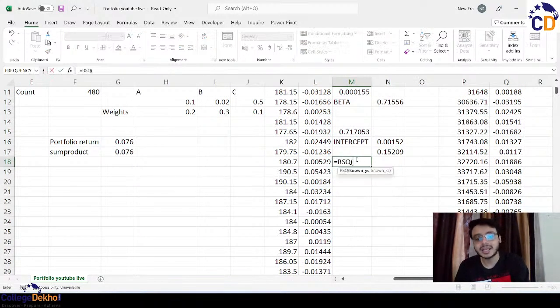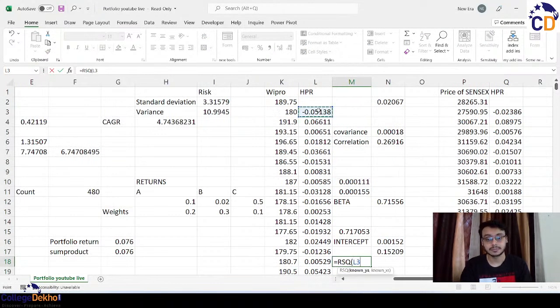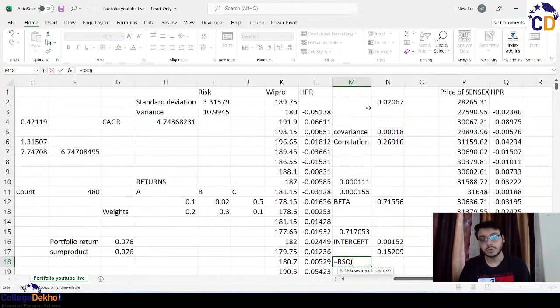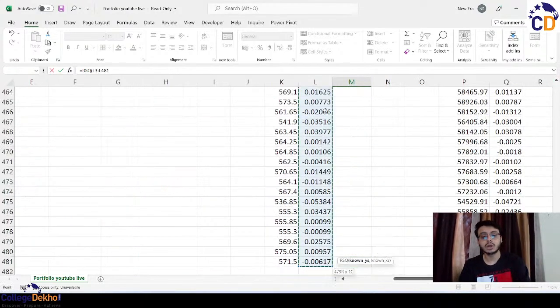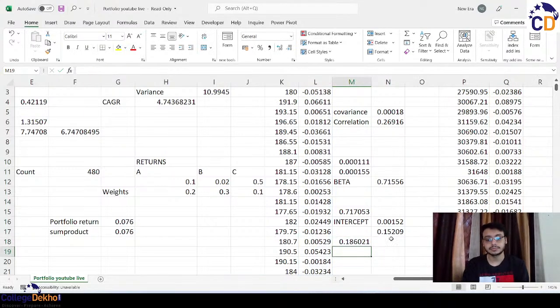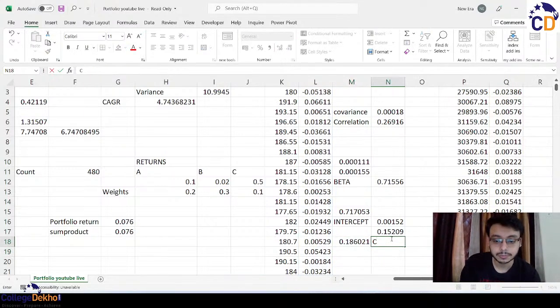It is an explainable risk, the risk which is explained by the market index. R squared होता है. It's called the coefficient of determination. In statistics, we call it the coefficient of determination. लिख देता हूँ.